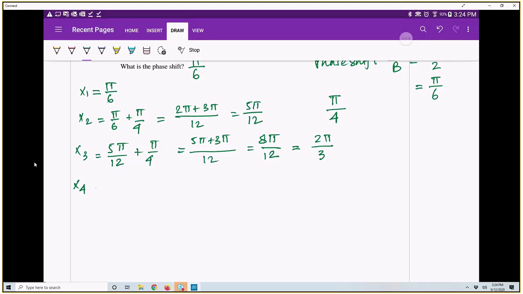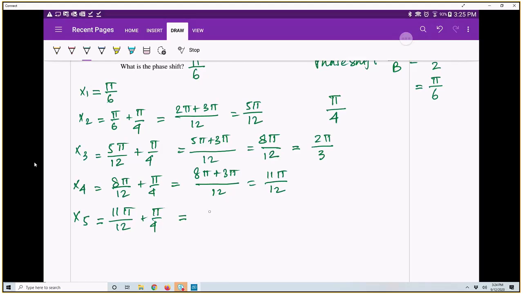x4 is going to be, I can start with 8 pi over 12, that will be easier to add, plus pi over 4, which, when found the common denominator, is 8 pi plus 3 pi over 12. That's 11 pi over 12. And I need one more, the fifth key point, x5, which is 11 pi over 12 plus pi over 4.